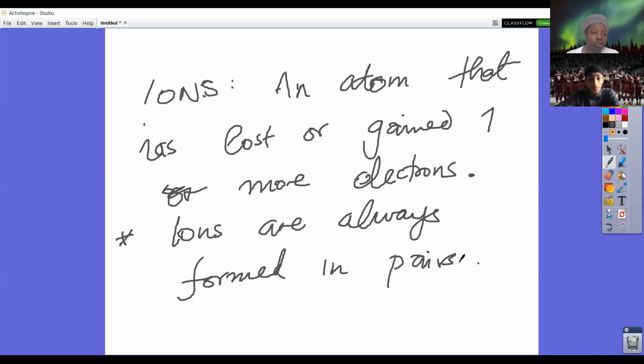It will combine with another atom, which will end up having excess electrons, making it negatively charged, a negative ion. Electrons, once removed from an atom, cannot exist in their own individual state. So I'll have a positive charge and a negative charge.